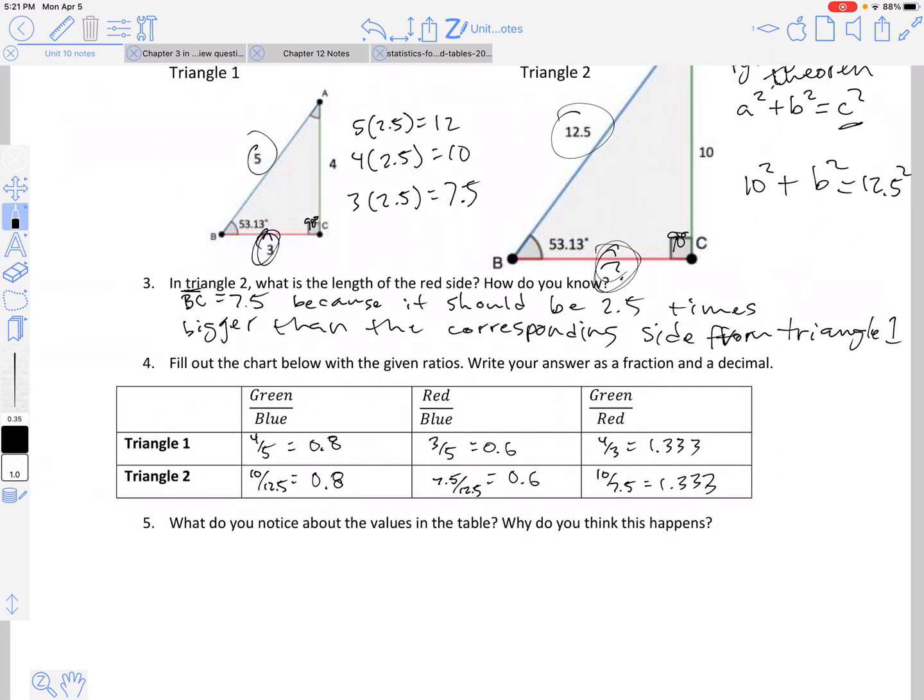So what is this telling us? Why am I making you analyze this? Well, there is a thing called trig ratios, which you might have heard of before. If you look at green and blue in relationship to angle B, they obviously have the exact same ratio, right?